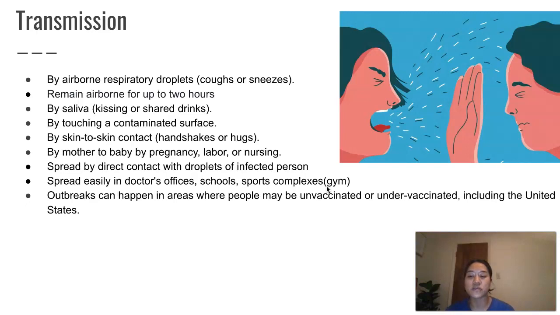It can also be transmitted from mother to baby by pregnancy, labor, or nursing. It is easily spread in doctors' offices, schools, sports complexes, and big groups and outings. Outbreaks can happen in areas where people may be unvaccinated or undervaccinated.